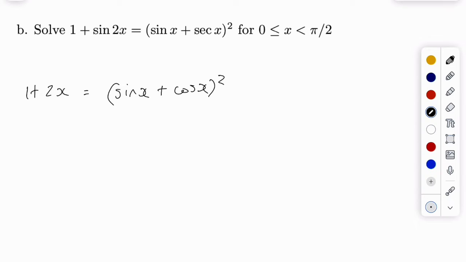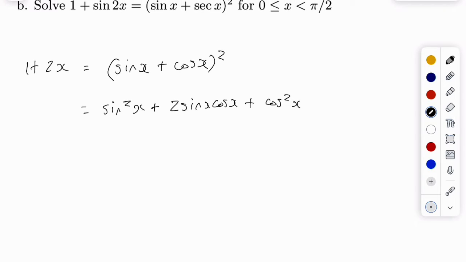That's pretty simple, that was what A told us. And so from here, it's naturally just going to equal sine squared x plus 2 sine x cos x plus cos squared x.